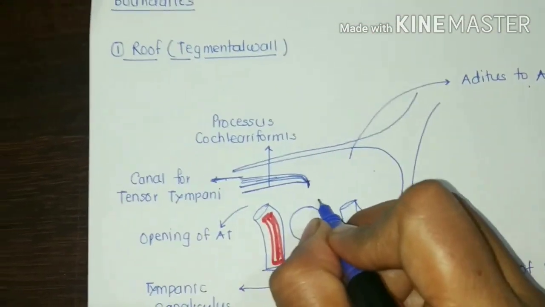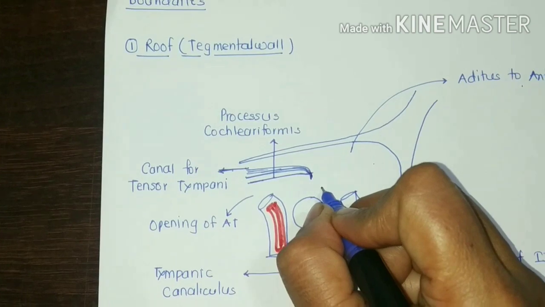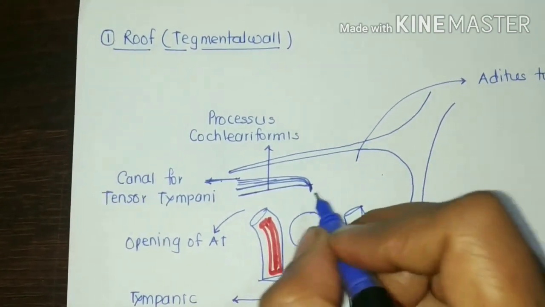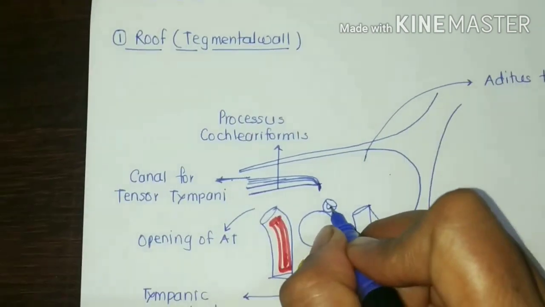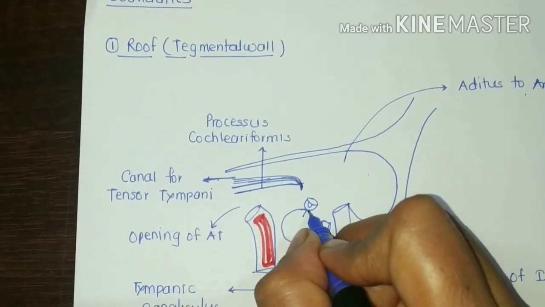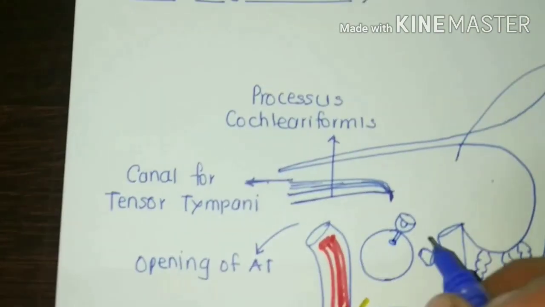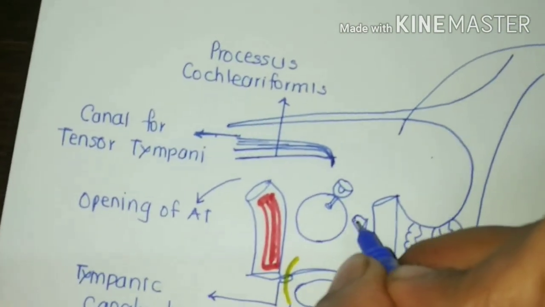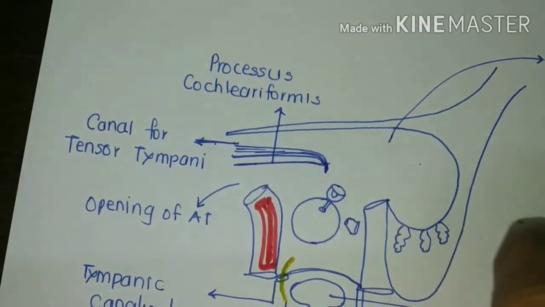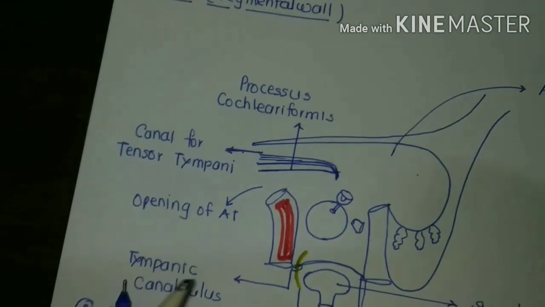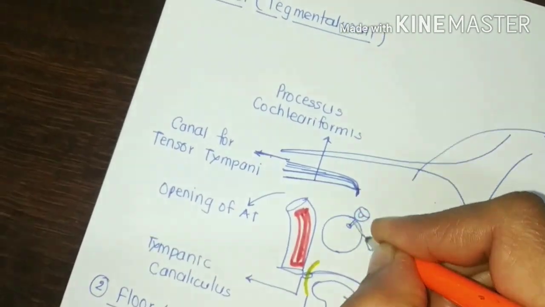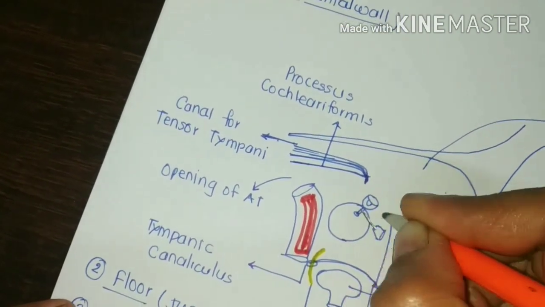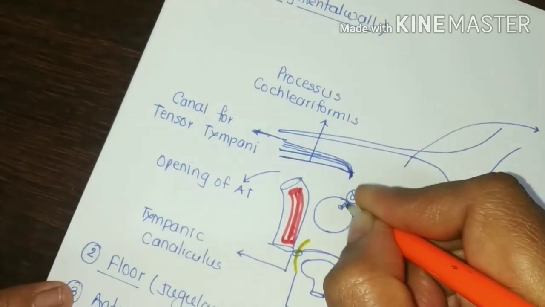Now here there lies a fenestra vestibuli, and here I will go for the drawing of the stapes, which is one of the ear ossicles. So the stapedius muscle comes out of the apex of the pyramid and takes insertion on the neck of the stapes.